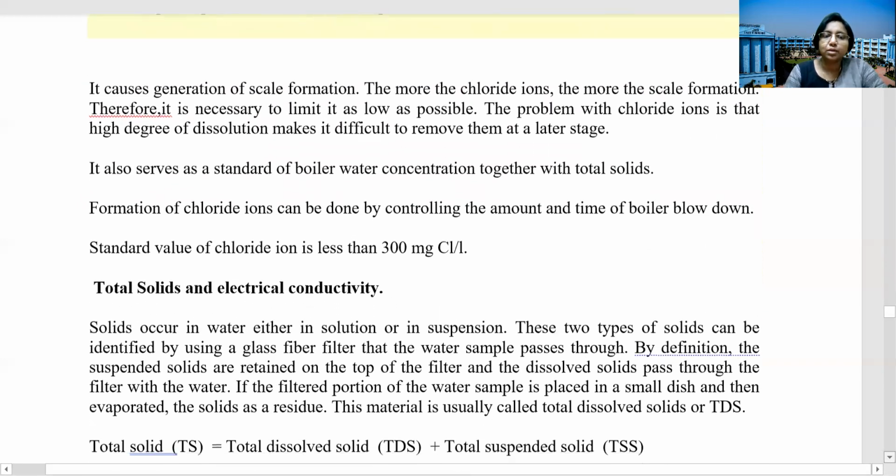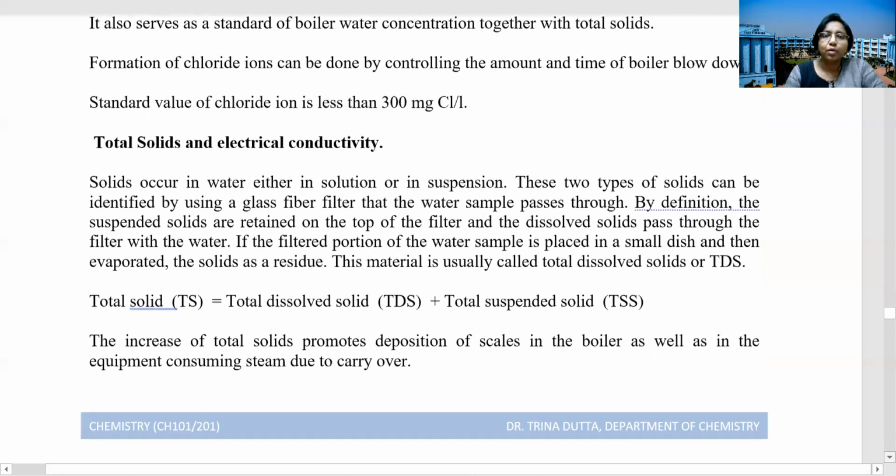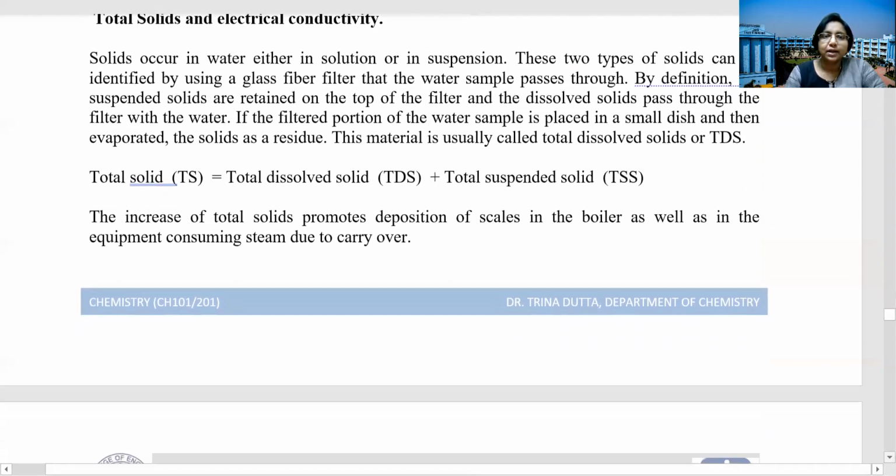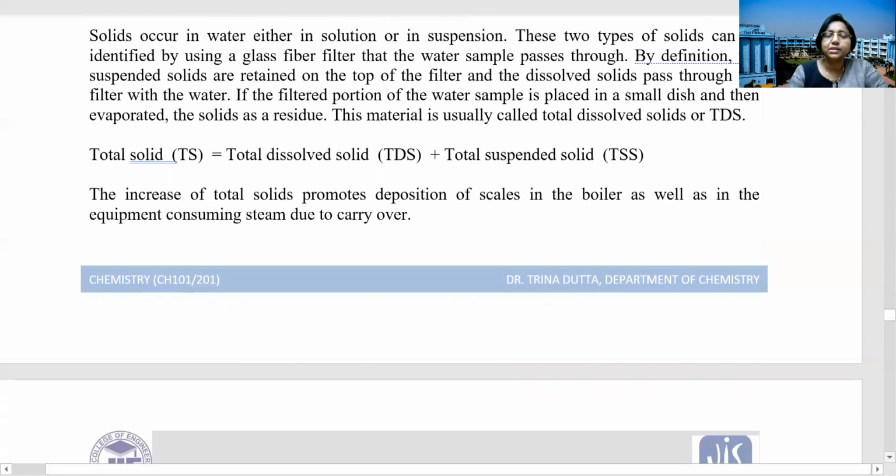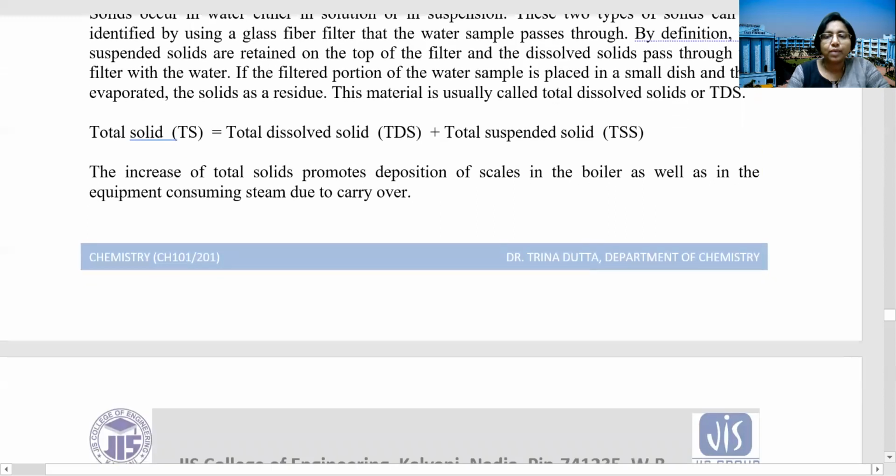Total dissolved solids. I have already mentioned that total solids is equal to the sum of TDS, total dissolved solids, plus total suspended solids.